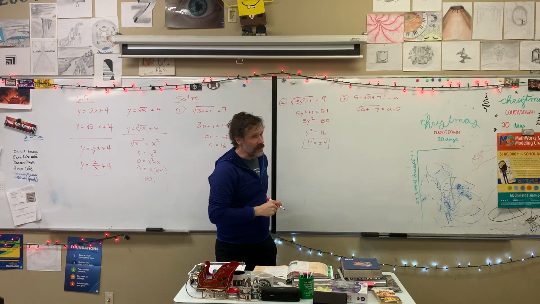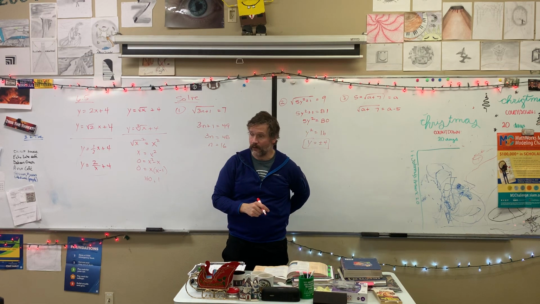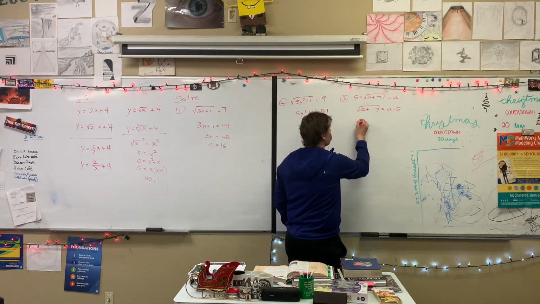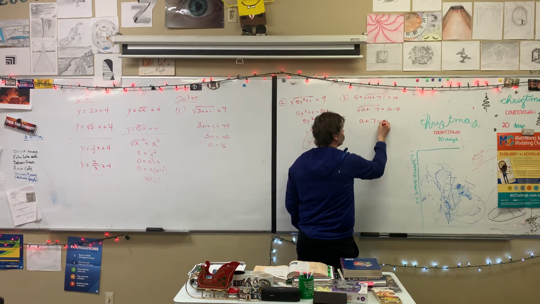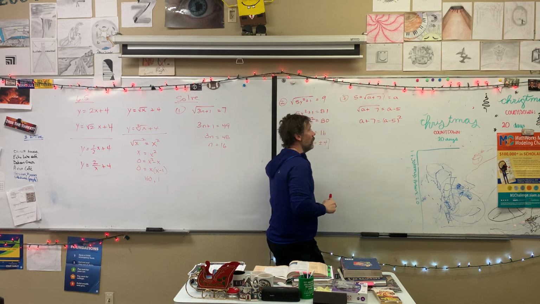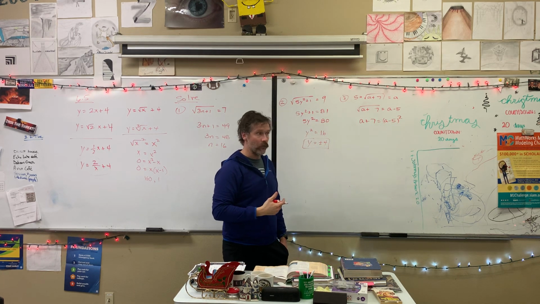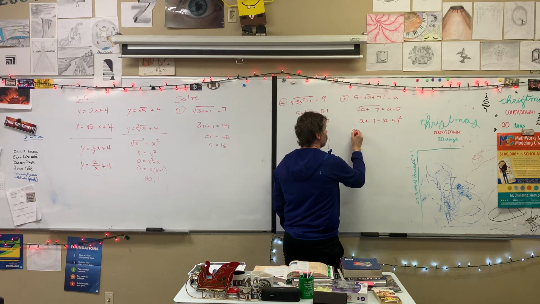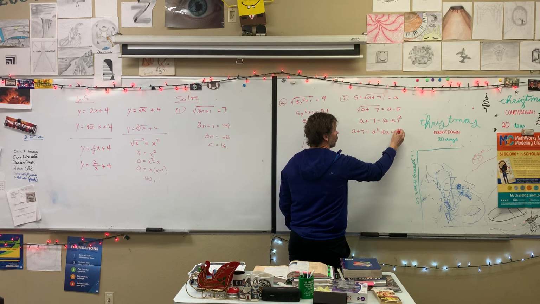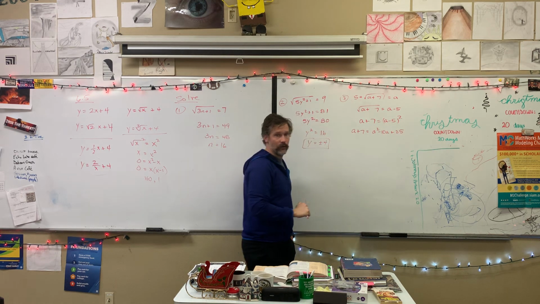Now at this stage, we're going to do what to both sides? Square both sides, right? We get a plus 7 is equal to a minus 5 quantity squared. And then you have to FOIL, yes, very good. So a plus 7 is equal to a squared minus 10a plus 25. Okay, so mental foiling.